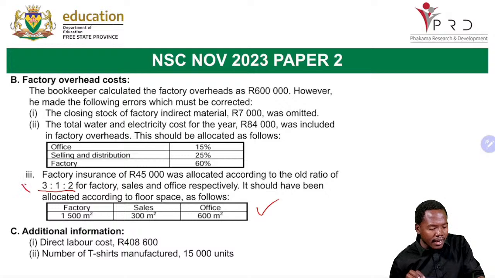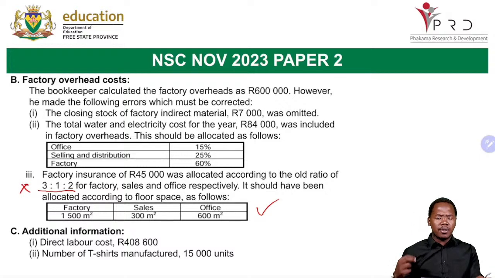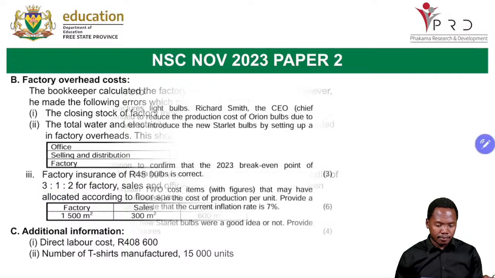They use the incorrect ratio. We are going to come to that and fix it. Information C, very important. Additional information, direct labor, 408,600. Roman figure 2, number of t-shirts manufactured, 15,000 units.